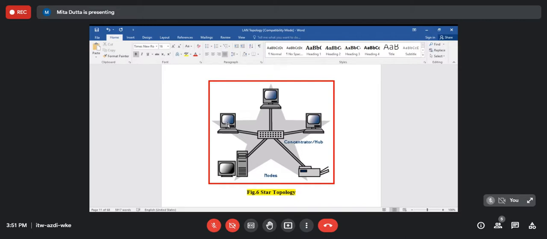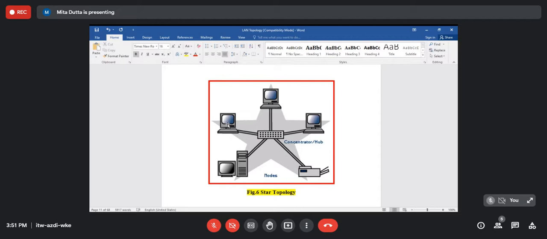In case of an active hub, it will amplify or rectify the signal, and that amplified signal, which is nothing but an electrical signal, is an information sent by one of the workstations connected in a hub in star topology. All other stations will receive that amplified signal.